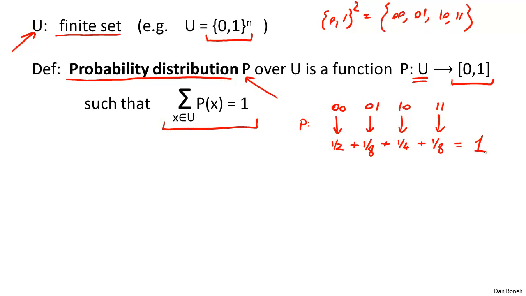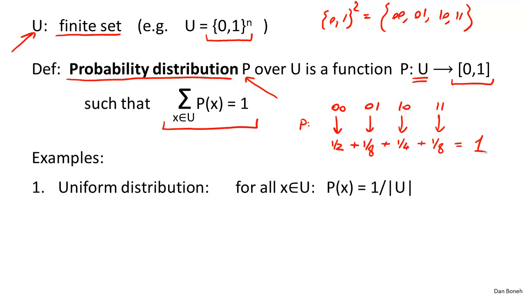So now that we understand what a probability distribution is, let's look at 2 classic examples of probability distributions. The first one is what's called the uniform distribution. The uniform distribution assigns to every element in the universe exactly the same weight. I'm going to use |U|, U between 2 bars, to denote the size of the universe U, that is the number of elements in the universe. And since we want the sum of all the weights to sum up to 1, and we want all these weights to be equal, what this means is that for every element x in the universe, we assign a probability of 1/|U|.